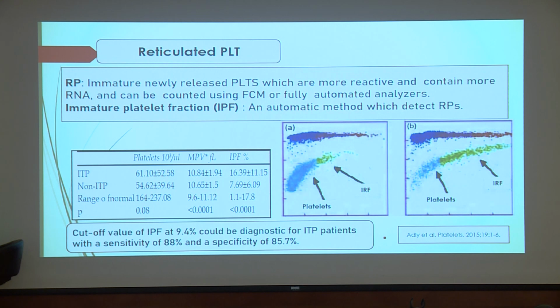And now it has to be one of the indices by which you choose your new machine, especially if you are planning to have a sophisticated machine to help you diagnose a patient with ITP, and in digital pathology methodology.